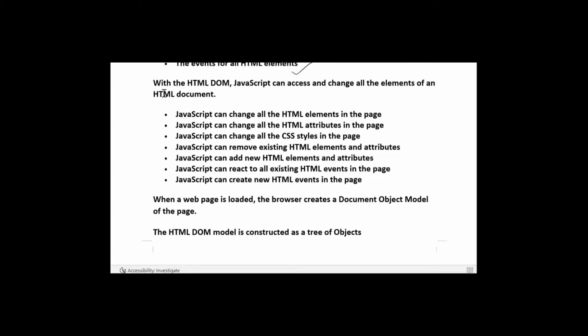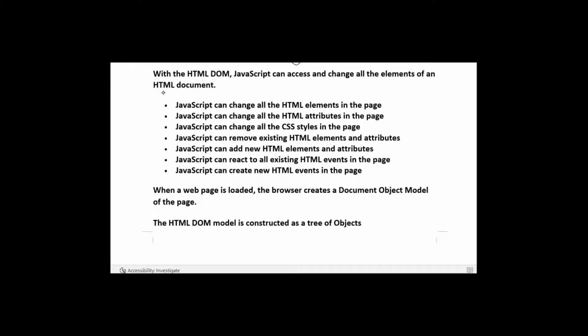With the HTML DOM, JavaScript can access and change all the elements of an HTML document. There are three important parts of a web application. The first one is HTML, the second is CSS, and the third is JavaScript. HTML gives the structure to your web application, CSS gives additional styling, and JavaScript adds dynamic nature to the HTML document.